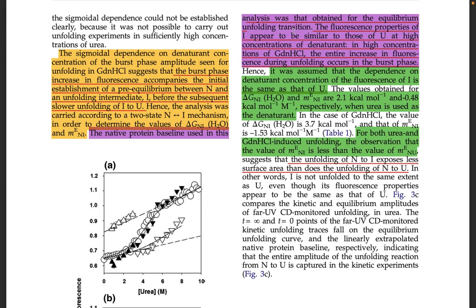So the native protein baseline used in this analysis was obtained from the equilibrium unfolding transition. The fluorescence properties of I appear to be similar to those of U at high concentration of denaturant. In high concentration of guanidinium hydrochloride, the entire increase in fluorescence during unfolding occurs in the burst phase.